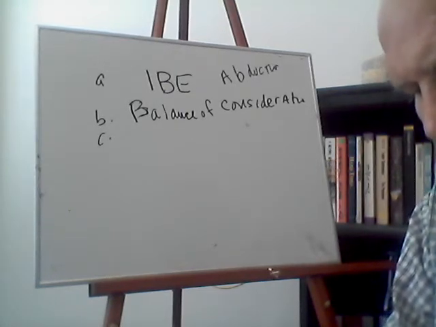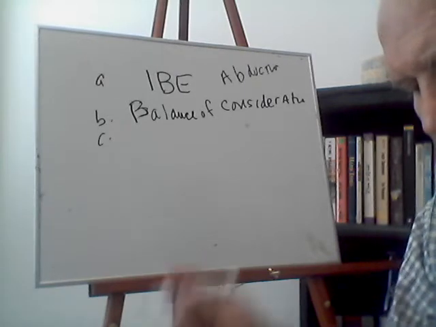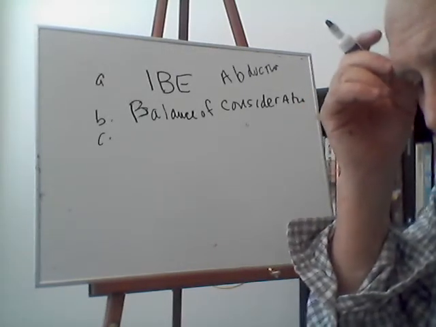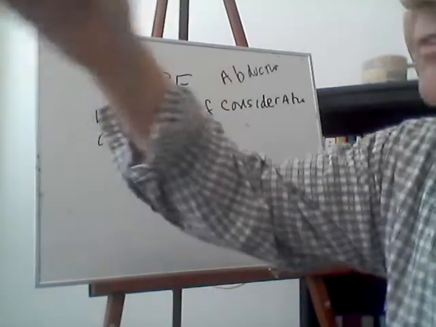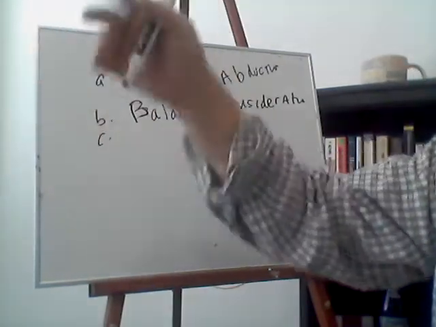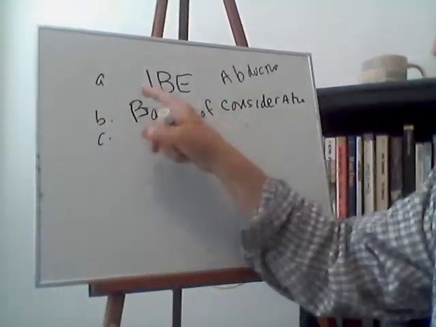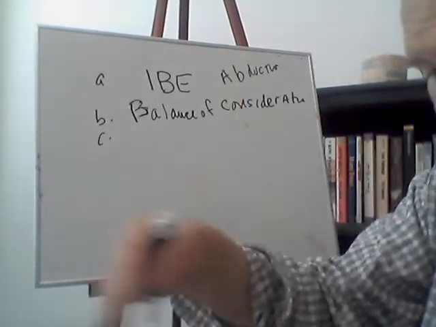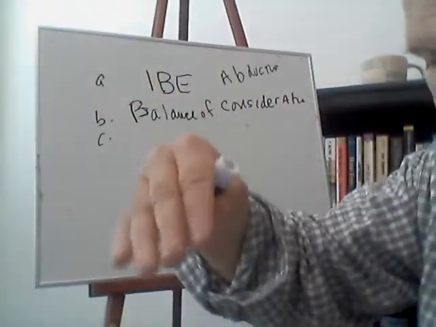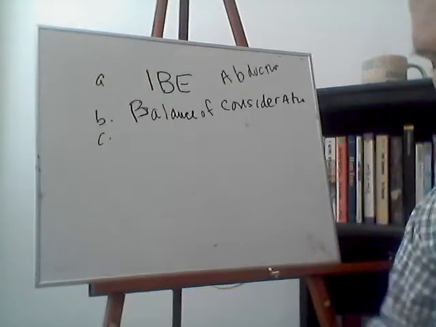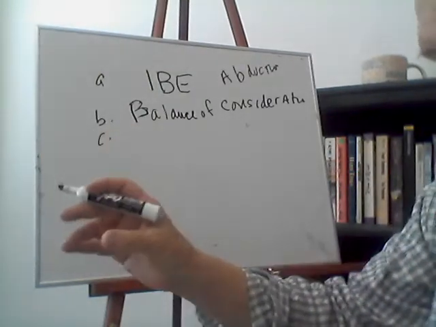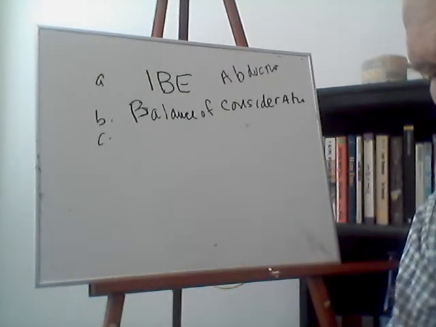All things considered, we'd be better off taking the Suburban. All things considered. This is a balance of considerations argument. Balance of considerations. They don't tell you what they're considering. All things considered. So you assume that they've given some reasons. And after they evaluate them, they decide to take the Suburban.